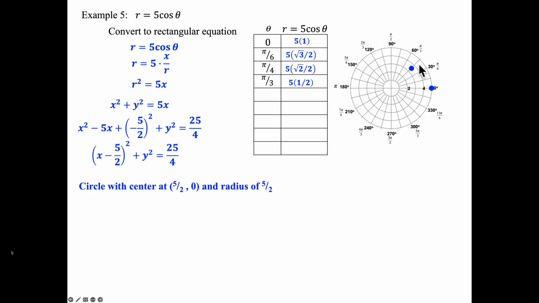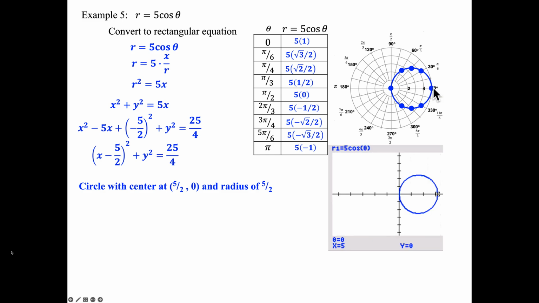I did all the lines just to get enough points to plot. And there's my circle. So again, you can use your 30, 60, 90 right triangles here to plot all those values. No problem. I'm going to have the same circle. Here's my center, 2.5, 5 halves, with my radius of 5 halves. And here's my circle.